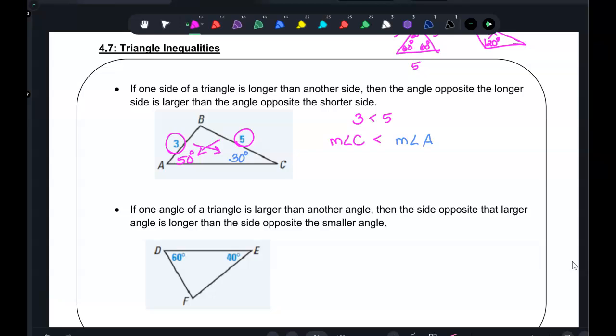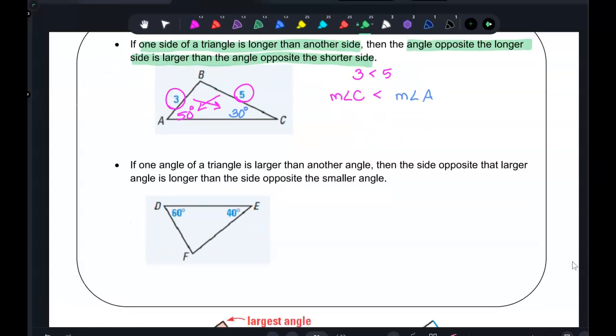Okay. One side is longer than another side. The angle opposite the longer side is larger than the angle opposite the shorter side. We're going to do the theorems and then we'll do the examples. If it's still confusing, we can come back.